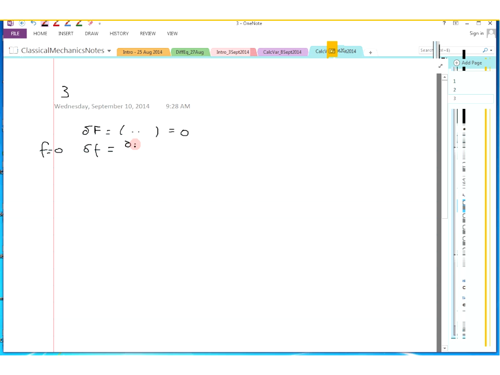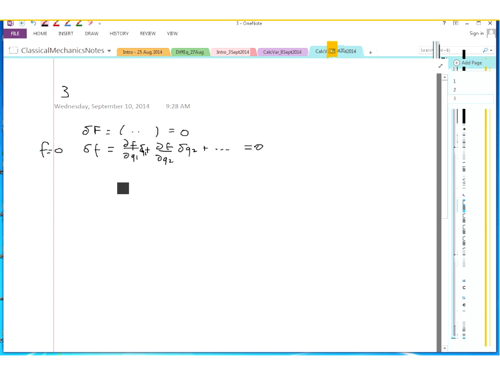So delta little f is di little f by di Q1 delta Q1, plus di little f by di Q2 delta Q2, plus etc., equals 0. Both of these things are equal to 0, except that you can't vary the delta Q's independently. But the sum of them is still 0, right?